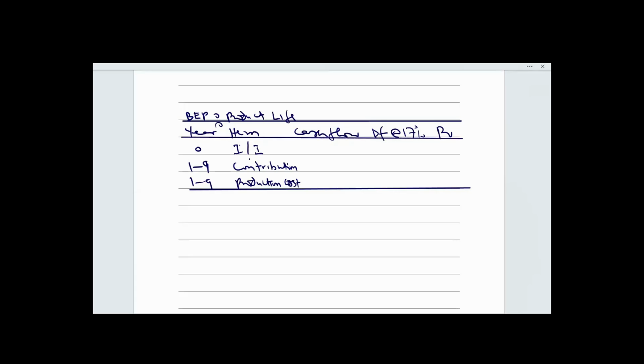Somebody should give me annuity factor of year 1 to 9 at 17%. 4.451. Okay. So here is 4,800, 1,440 and 360 negative.